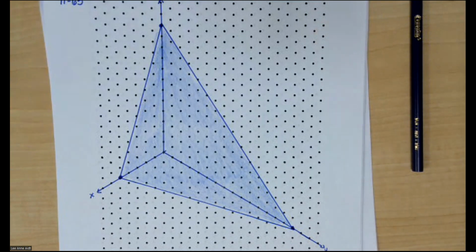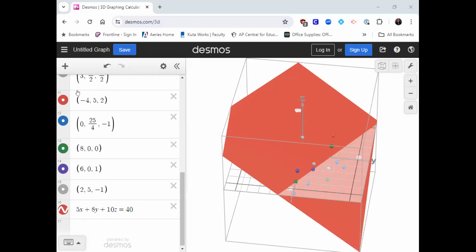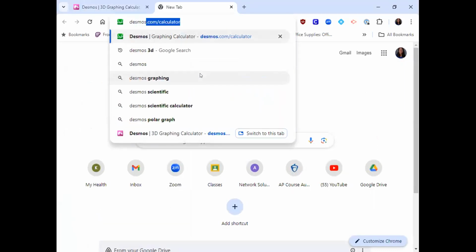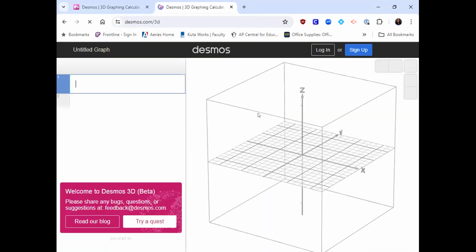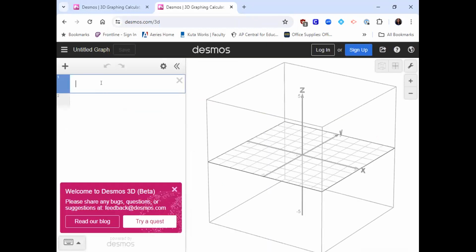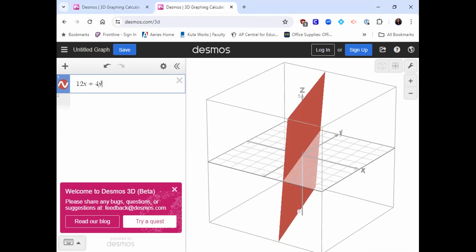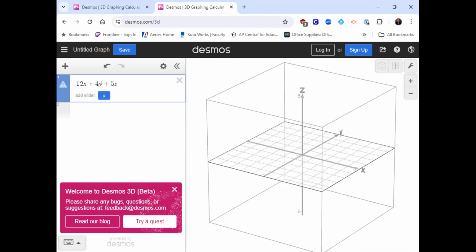While you're finishing your coloring though, I'm going to type the equation into Desmos. What was it? 12x plus 4y plus 5z equals 60?